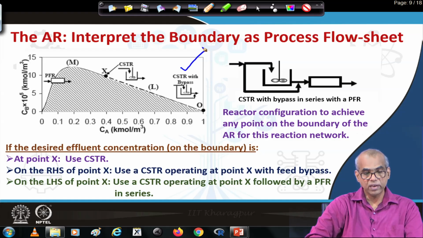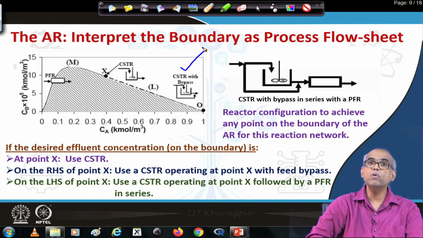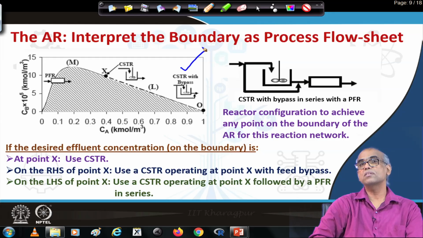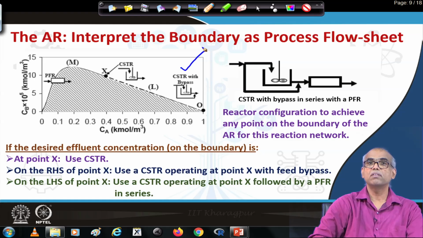So, the point x represents a CSTR. If you have to get the concentration of B that is given by point x, use a CSTR, and any point on the right hand side of point x can be achieved by using a CSTR operating at point x with a feed bypass. What percentage of feed bypass you have to use can be obtained following the lever arm rule.